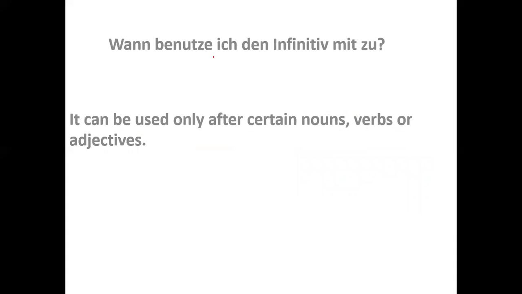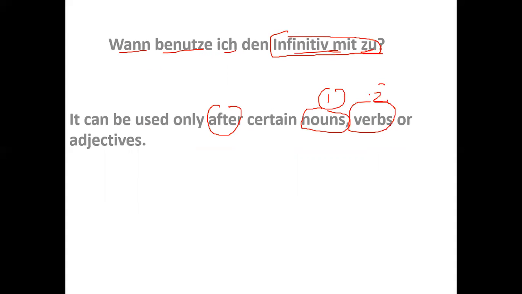But here, it says benutze, is used. So ich is I. So when shall I use this infinitive with zu? So actually, when shall I use it? It can be used only after certain nouns, certain verbs, or certain adjectives.